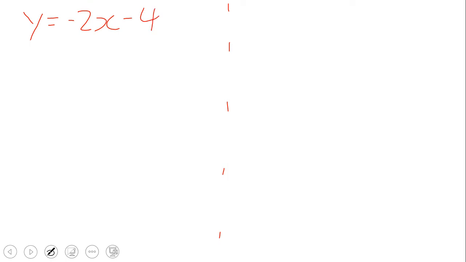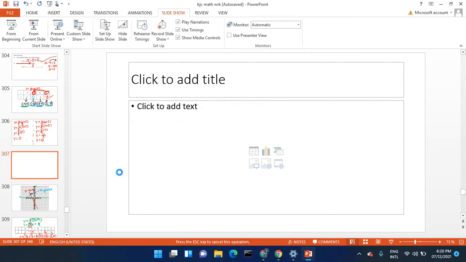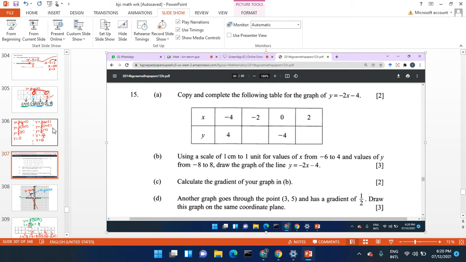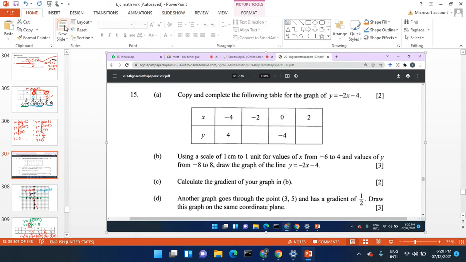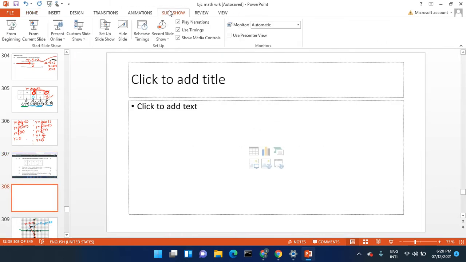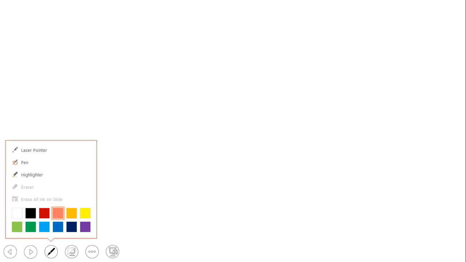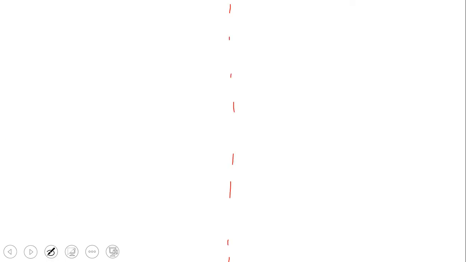Is it minus 4? Let me see. Yeah, minus 4. So it's y equals negative 2x minus 4, and then we substitute the negative 2, right?